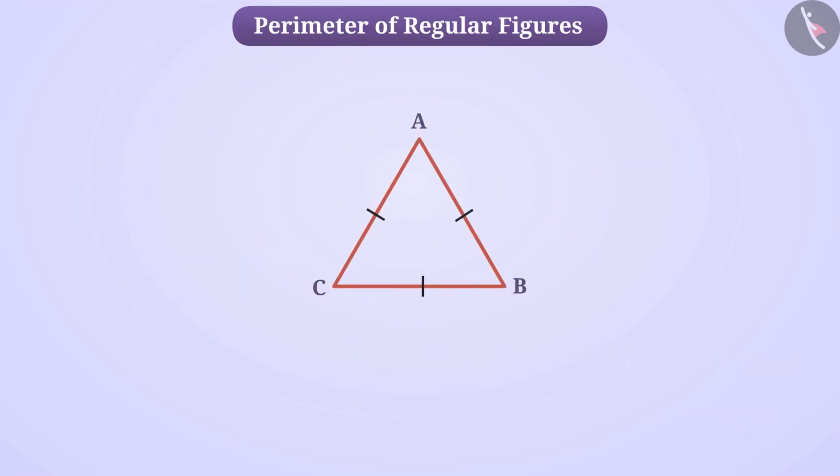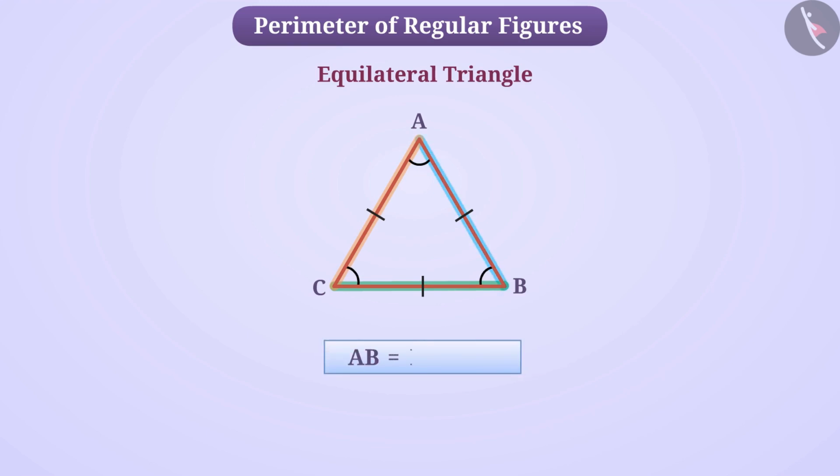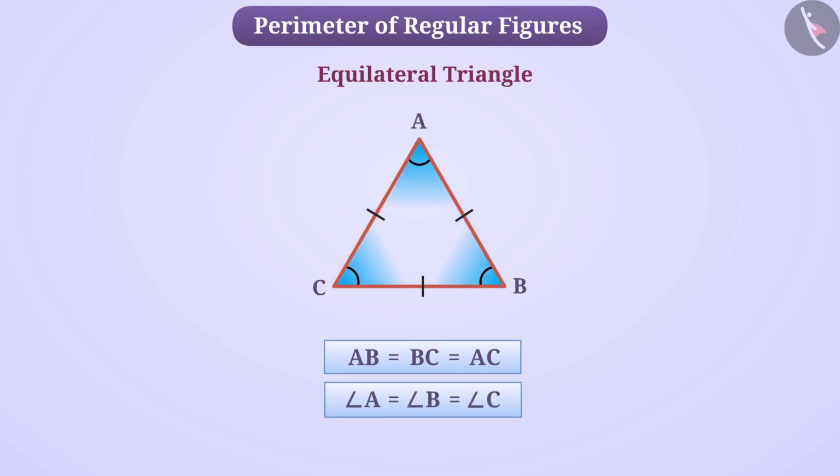Now, look at this equilateral triangle, triangle ABC. In this, all sides and all angles are equal. That is, AB is equal to BC is equal to AC, and angle A is equal to angle B is equal to angle C. Let us find its perimeter.